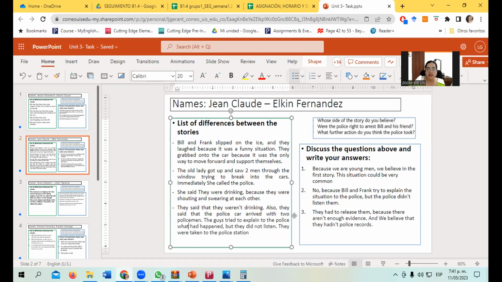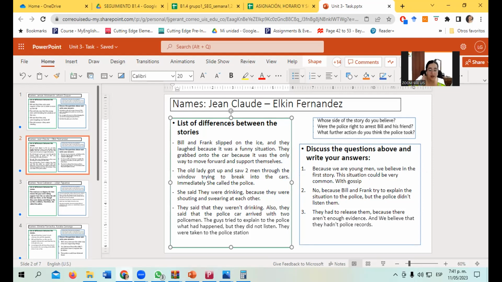Your discussion, your conclusion. So, because we are young men, we believe in the first story, the situation could be very common. It's missing this last sentence with the old lady.